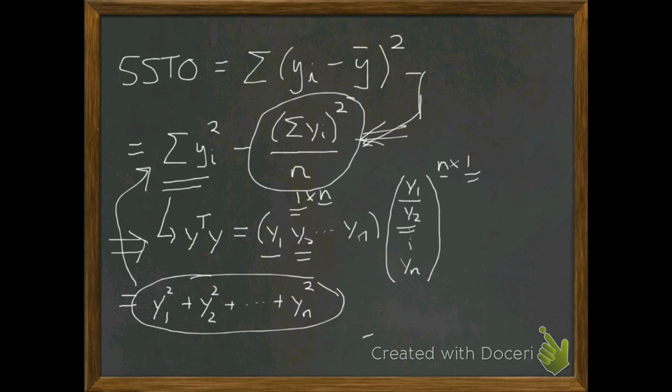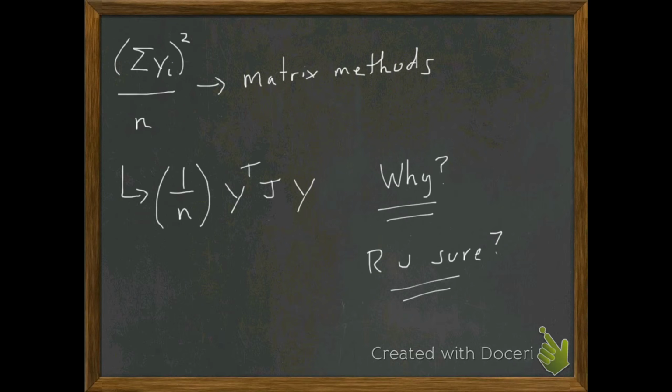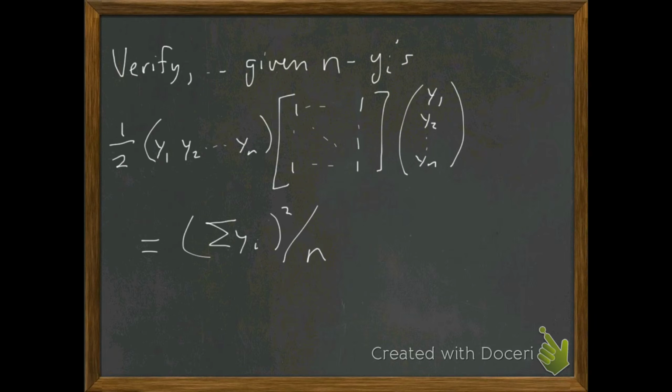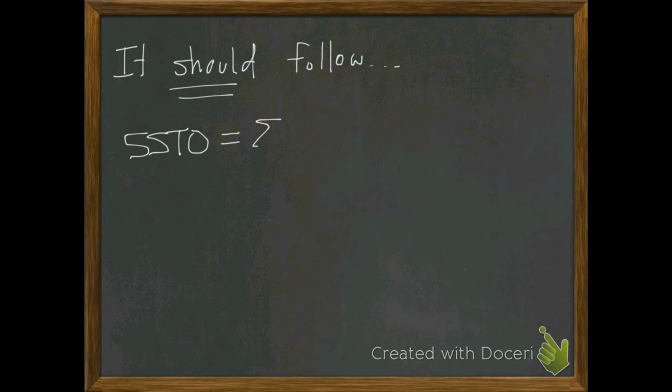If the sum of squares for the total can truly be rewritten, again, this right here, and the equivalent matrices are what I've shown you.